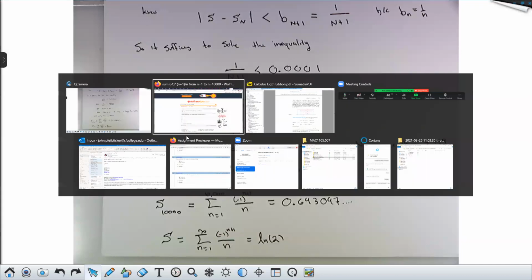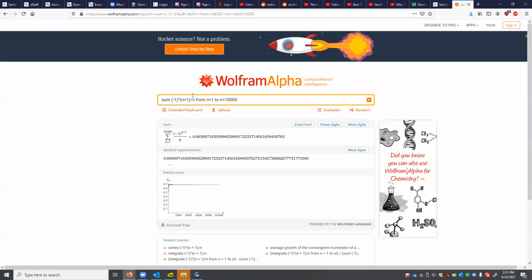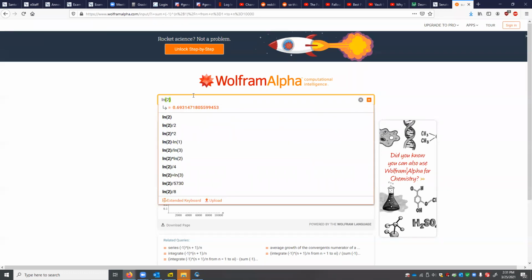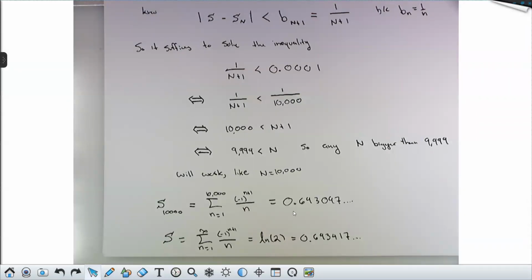So what is the decimal approximation for the natural log of 2? 0.693147. And would you look at that? Our first 3 digits are correct.